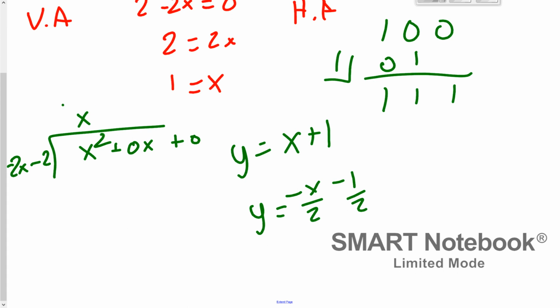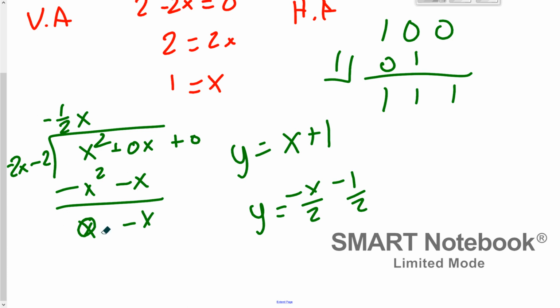That's negative 1/2 x, so you get a positive x squared here. And then when you multiply it by 2, you get a positive 2x, and then you subtract those, and so we get 0 here, and we get negative x.